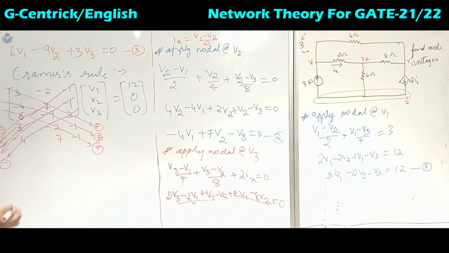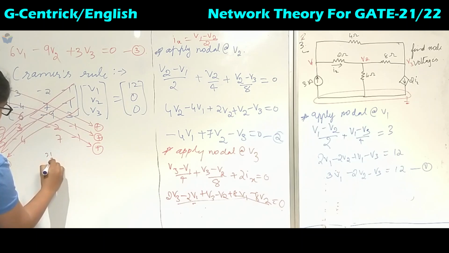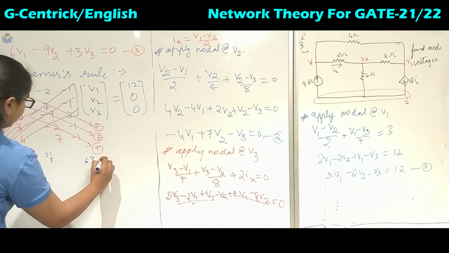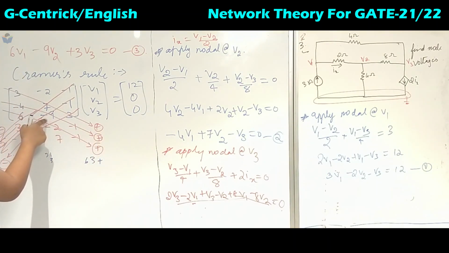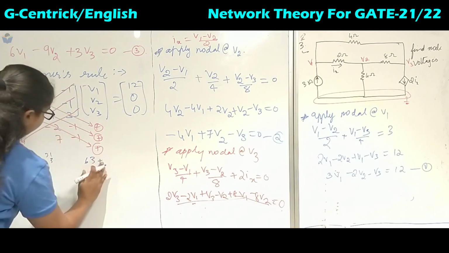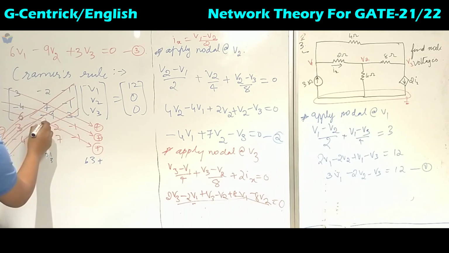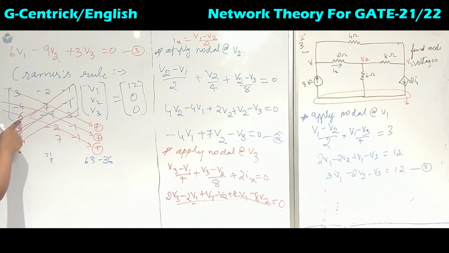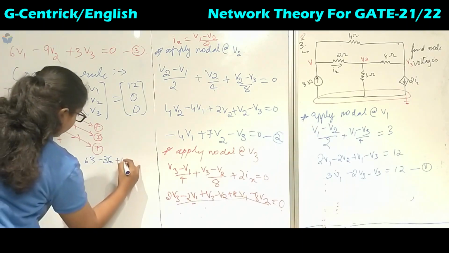Now take the multiplication, 3 sevens are 21, 21 into 3 is nothing but 63. Then plus, here is minus 4, then 9 fours are 36, and we already have a minus, so minus into minus is plus, plus into minus is minus again, so it will be minus 36. Now 6 into 2 is 12, minus 12 into minus 1 is plus 12.